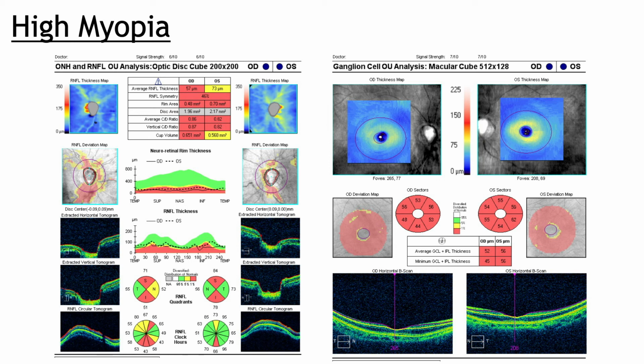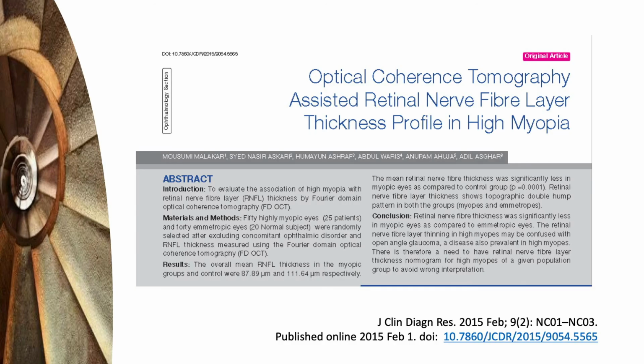Dr. Dunbar mentioned before that you have to be very careful about using the reference database or normative database on high myopes, because none of them are included in the typical reference database on any of the OCT instruments that are out there. And so if you're comparing somebody who's a -10 to a reference database that includes nobody like them, then you could really get yourself into trouble.